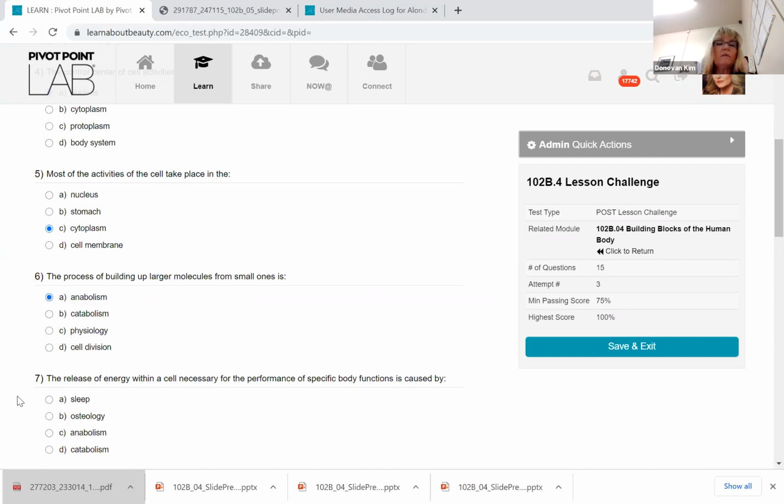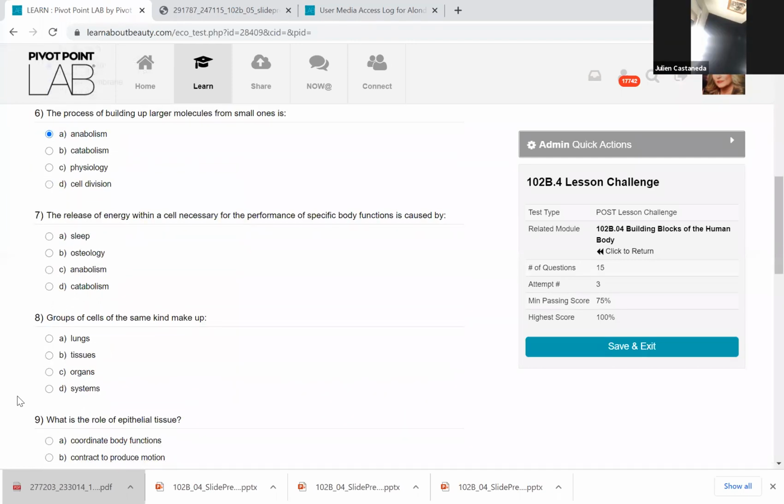All right, Ruben. The release of energy within a cell necessary for the performance of specific body functions is caused by sleep, osteology, anabolism, or catabolism? Release of energy.